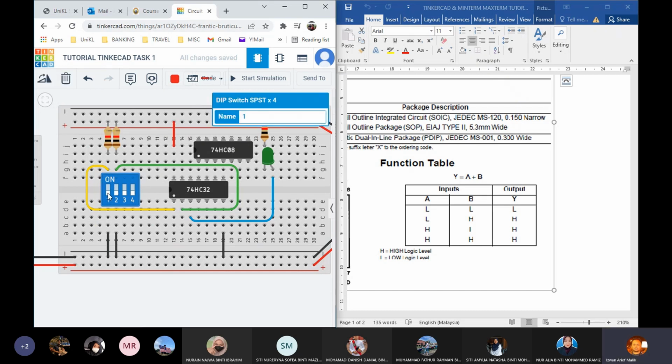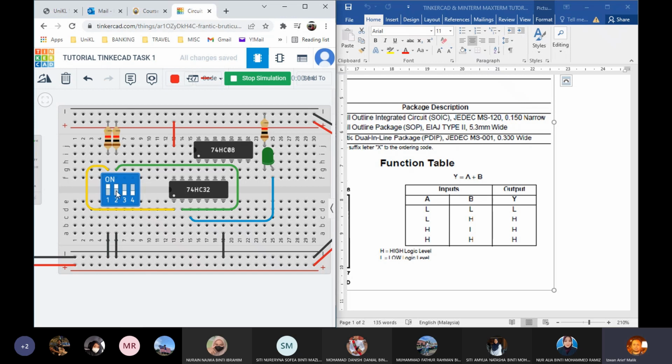Oh, tak boleh, kena simulate dulu lah. Saya simulate dulu, saya jadikan dulu kosong-kosong. Alright. So 0, 0 dia akan low, tak menyala. So tak menyala, okay. 0, 1 menyala, 1, 0 menyala, 1, 1 menyala.